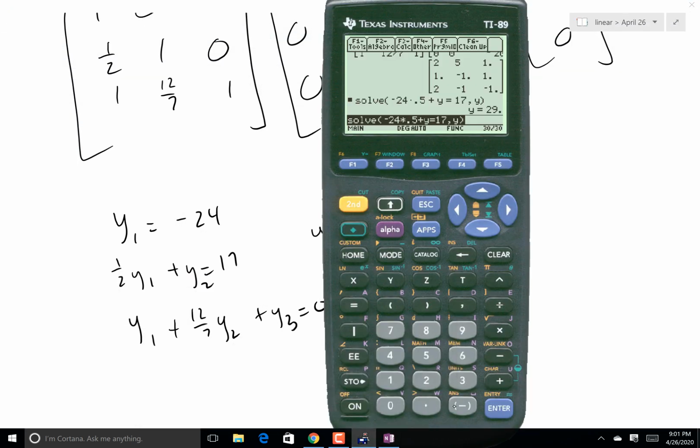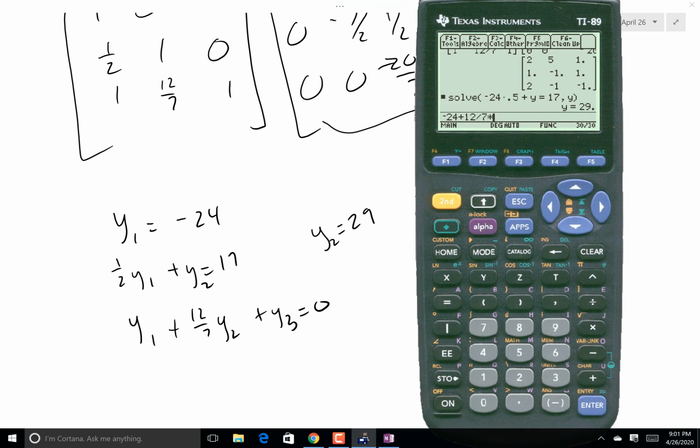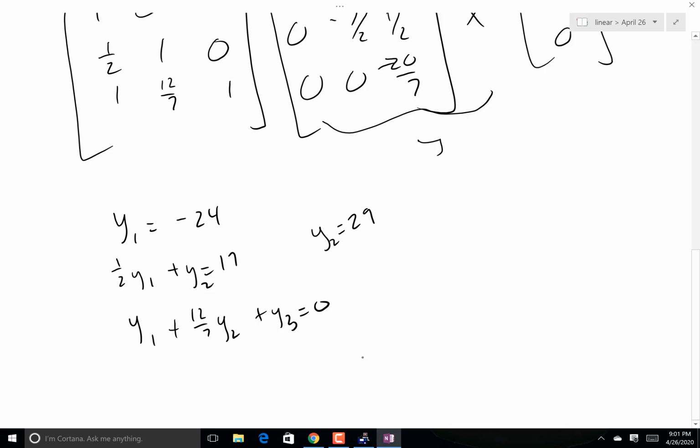So you're going to get negative 24 plus 12/7 times 29 plus y equals 0, comma y. Don't forget to put the solve at the front, because I did. So y3 is negative 180/7.